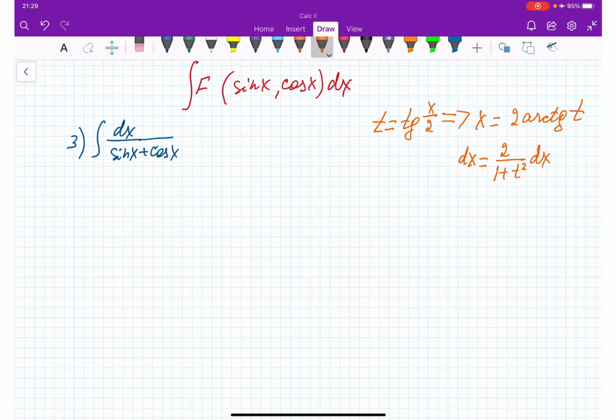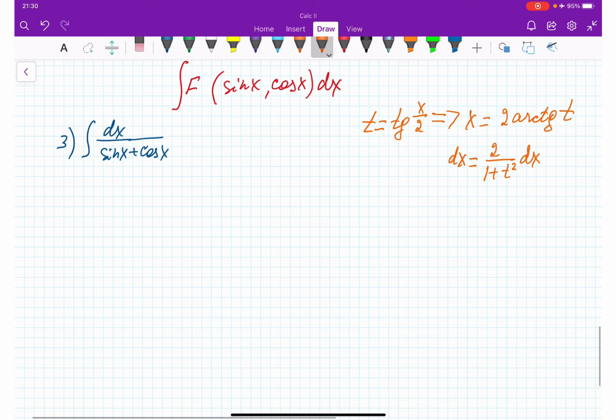Derivative of arctangent, open the table and you will see that derivative of arctangent is 1 over 1 plus t squared, and dt. Okay, so from here we need to transfer to t sine x and cosine x, right?